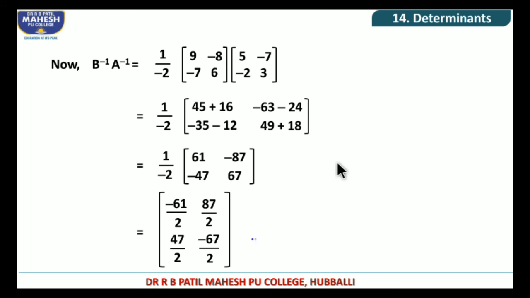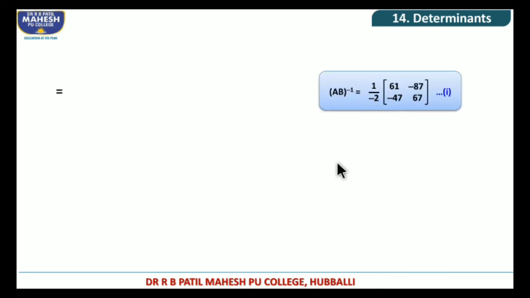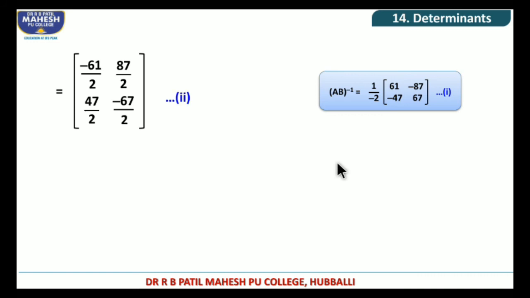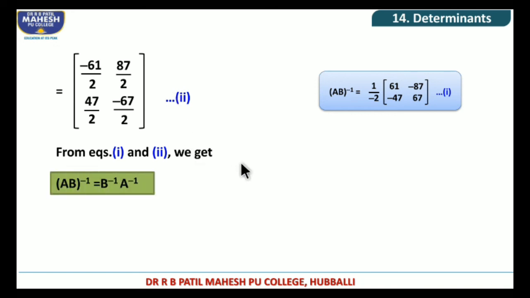This is the value of B inverse into A inverse. Therefore, this is equation number 1 and this is equation number 2, and from equations 1 and 2, by comparing the values, we get AB whole inverse is equal to B inverse into A inverse.